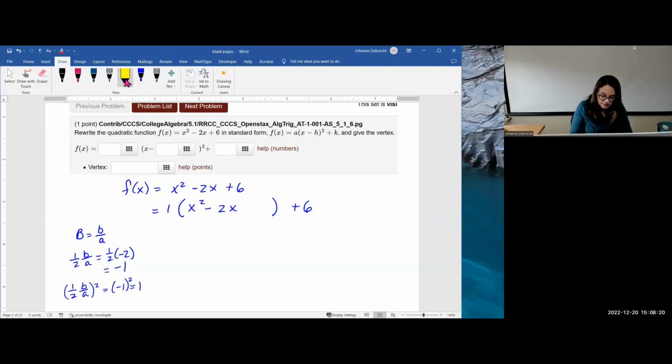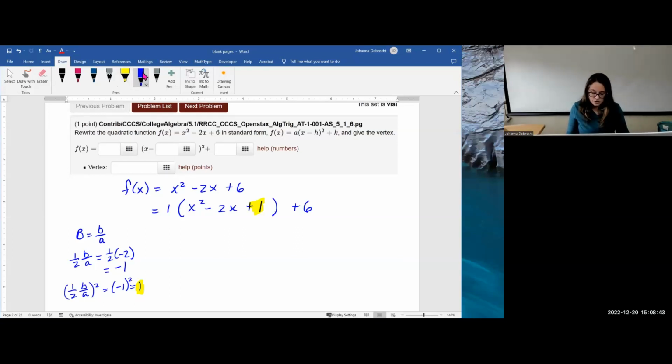I'm going to take this 1 that you see right here, highlighted in yellow, and add that number in here. Whatever that is, when it's squared, that's what we add inside of our trinomial, and I've left some space to do that. Notice that it will always be positive because I squared it, so that's not an issue.